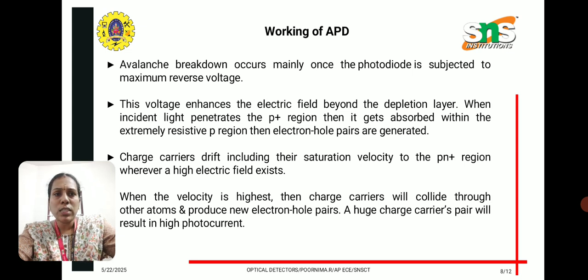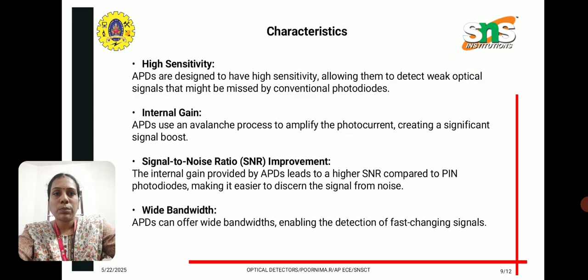When light is incident in the p-type layer, in the p plus region, electron hole pairs are generated, which are multiplied using the avalanche breakdown mechanism, in which the charge carriers collide with other atoms and produce a high number of electron hole pairs. This results in high photocurrent.